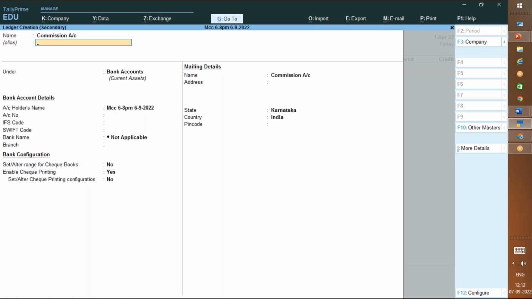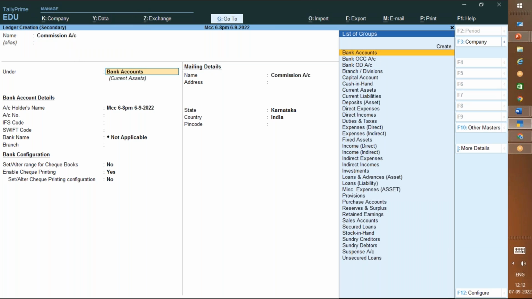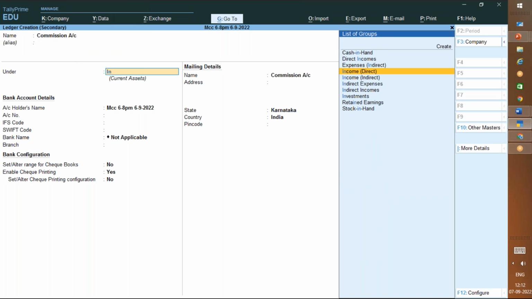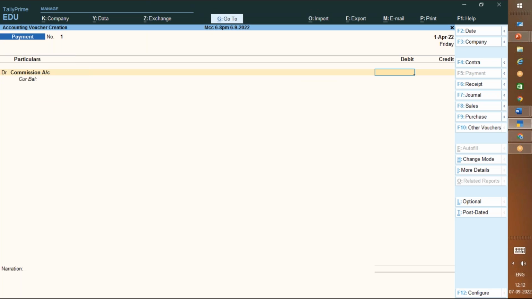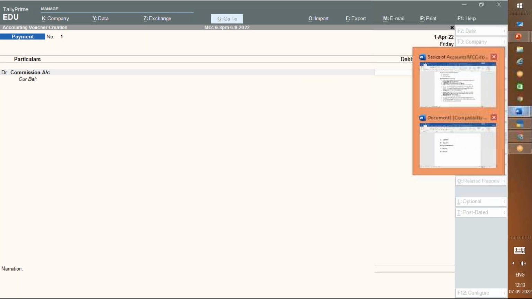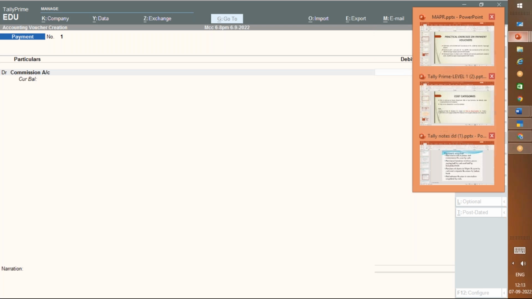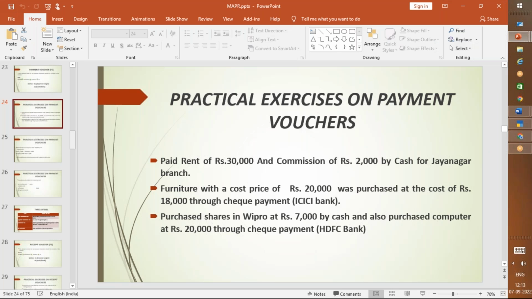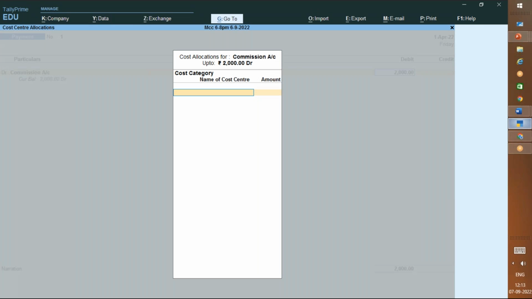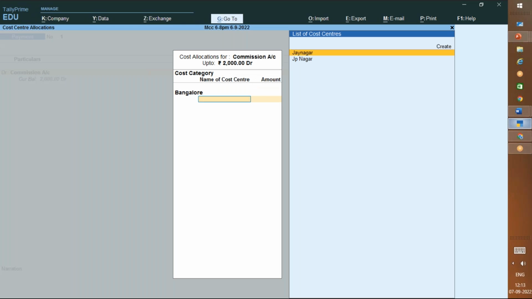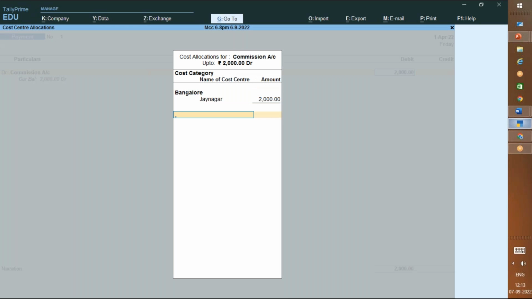Commission, under what? What is the amount? 2,000 commission. So here you can put the Jainagar cost center if you require, like here Bangalore, under that Jainagar. 2,000, enter.